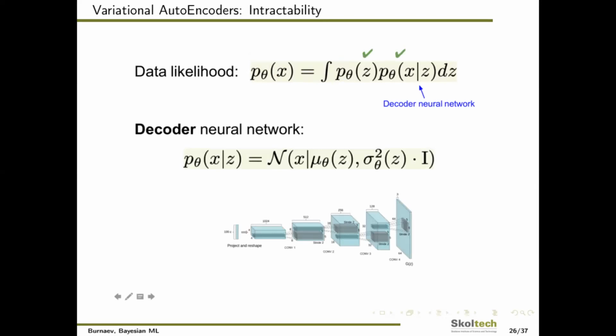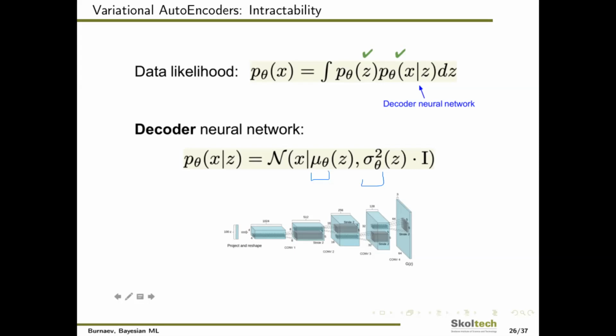For the decoder, we say that we have a separate model for the mean value and a separate model for the variance of the distribution, a deep neural network for each.